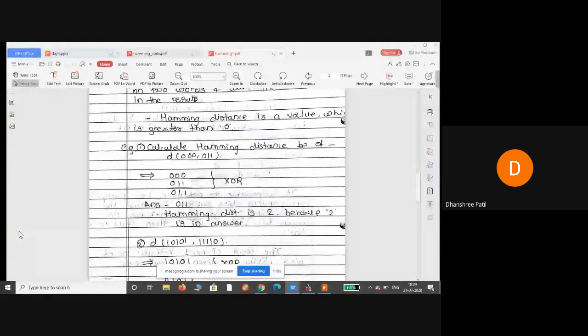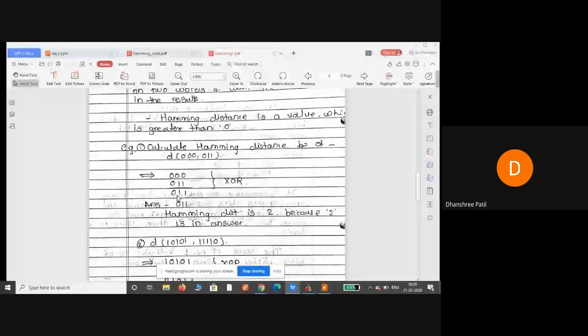Suppose 000 is one code word and 011 is the second code word. On this, I have performed the XOR operation. The result is 011. How many ones are here? There are two ones. Whatever number of ones are available will be considered my Hamming distance.